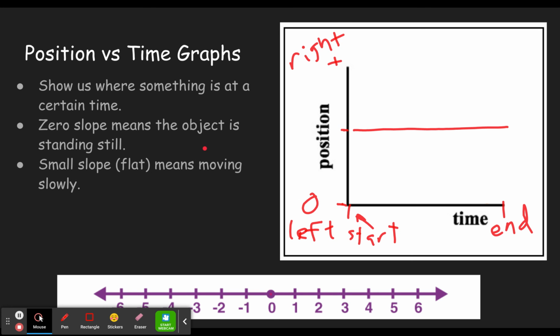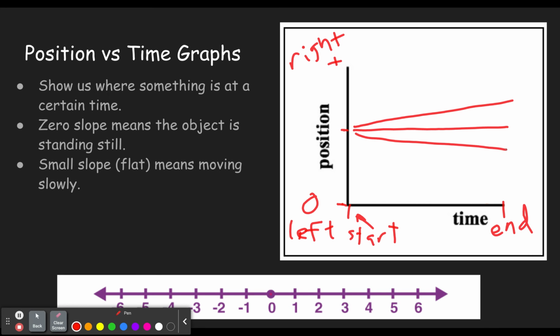A small slope. So now if we picture something with a small slope, it could be this way or this way. Well, in that case, if it's got a small slope, its position has changed, but it hasn't changed very much. And it took a long time to change just a little bit.